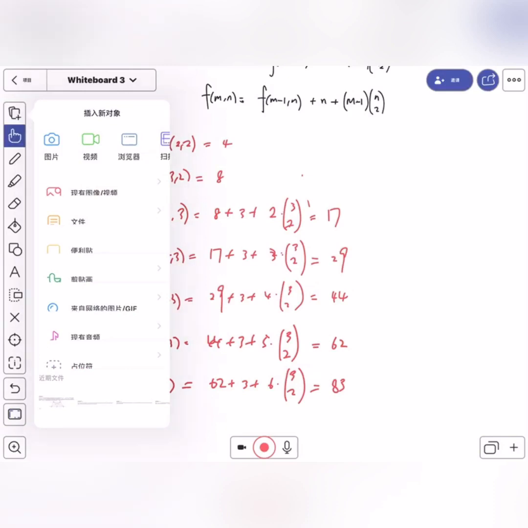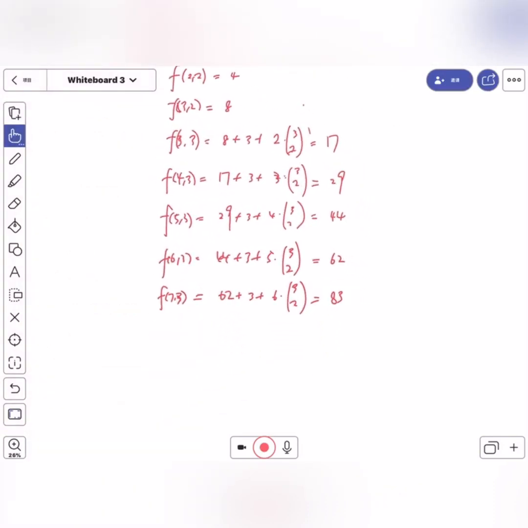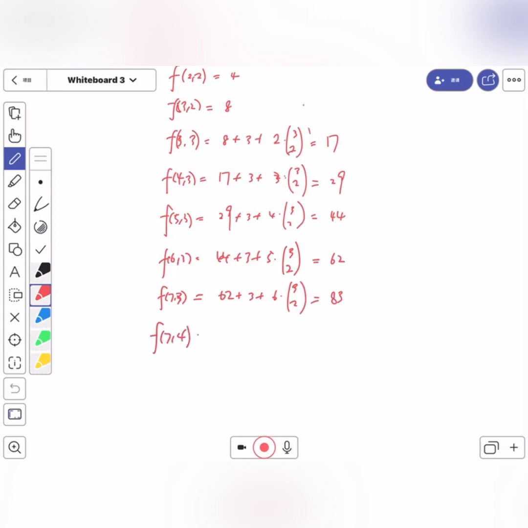So we're just going to continue our table. Now f of 7, 4 is equal to 83 plus, well, keep in mind, we want 7, and then plus 3 times 7 choose 2. So this is equal to 153.